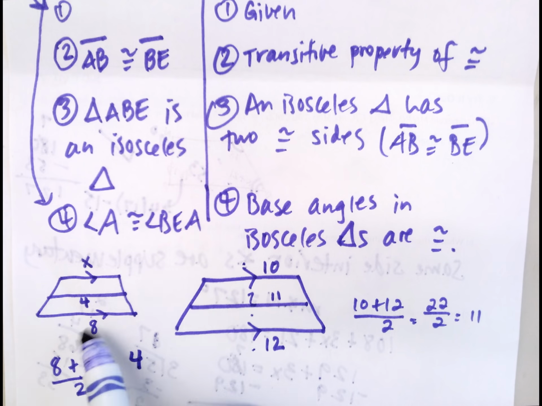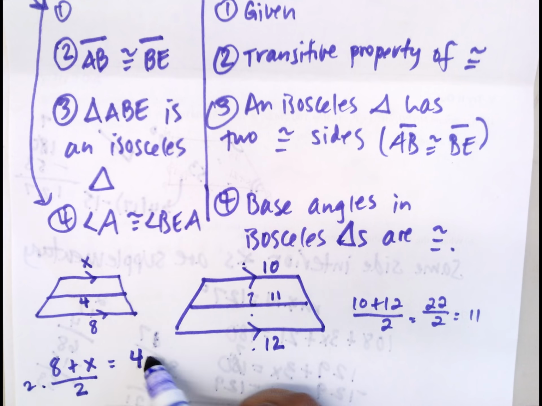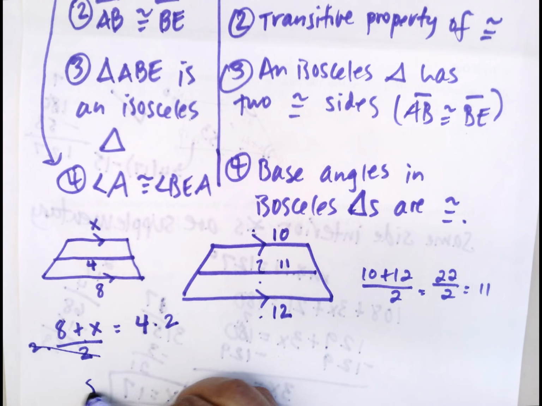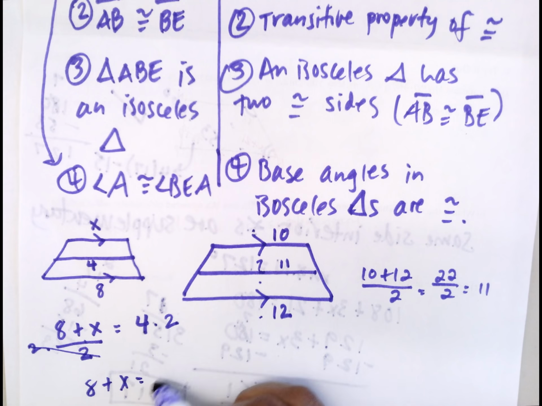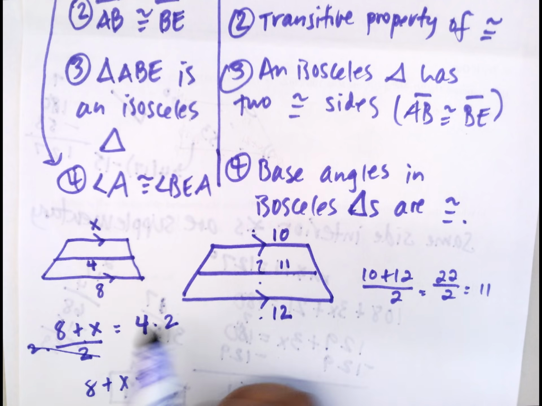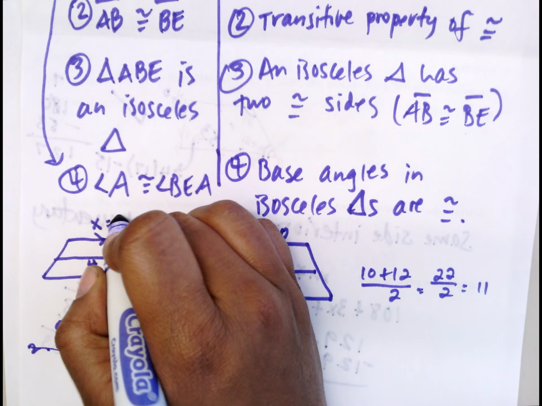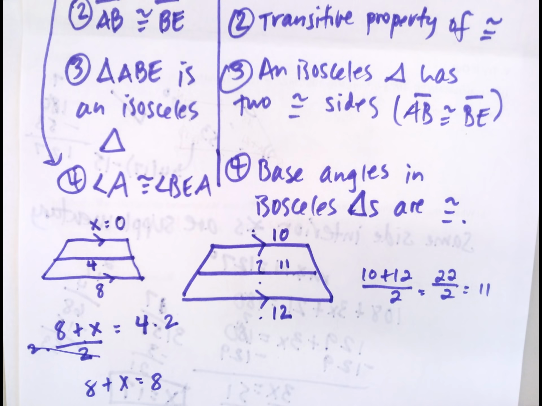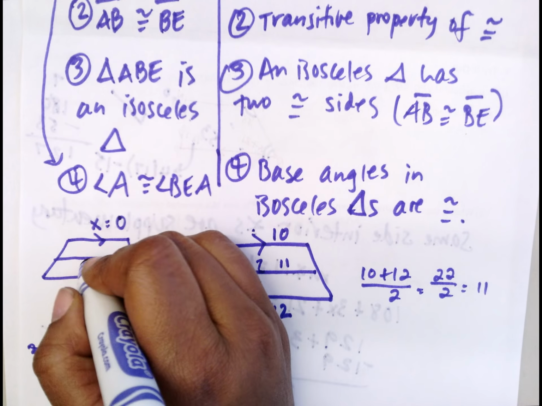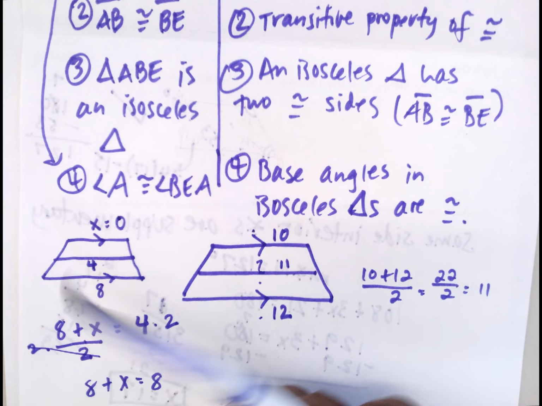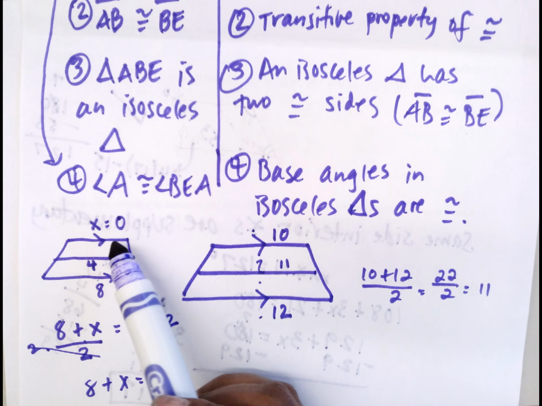So multiply both sides by 2, and then we would get 8 plus x is equal to 8. And this one wouldn't be feasible because, of course, x would be equal to 0, and that's not a feasible length. So we should have changed this to something else. And, of course, because this is going to be half of it, that's the reason why we got 0 as our answer, okay?